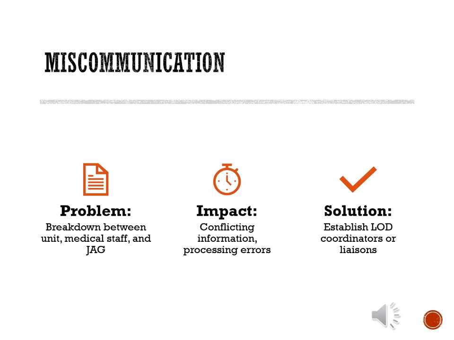Making sure that everybody is communicating and information is flowing to provide the most accurate and detailed data and analysis for that LOD. That impact is conflicting information, processing errors, things that are going to slow that LOD up.